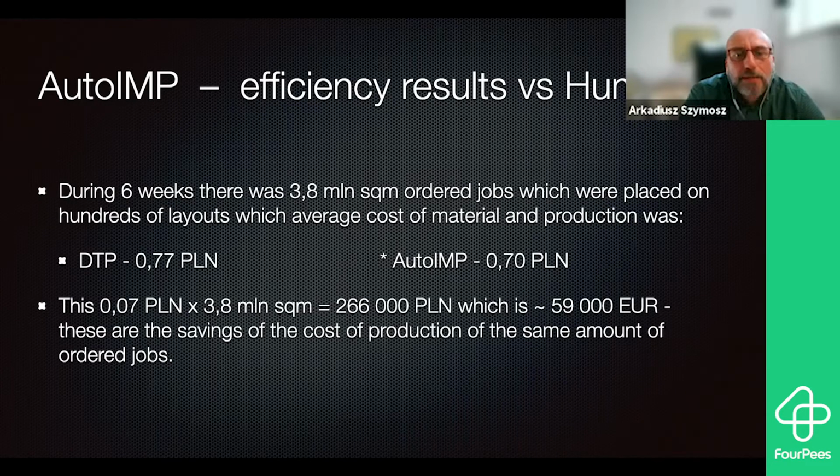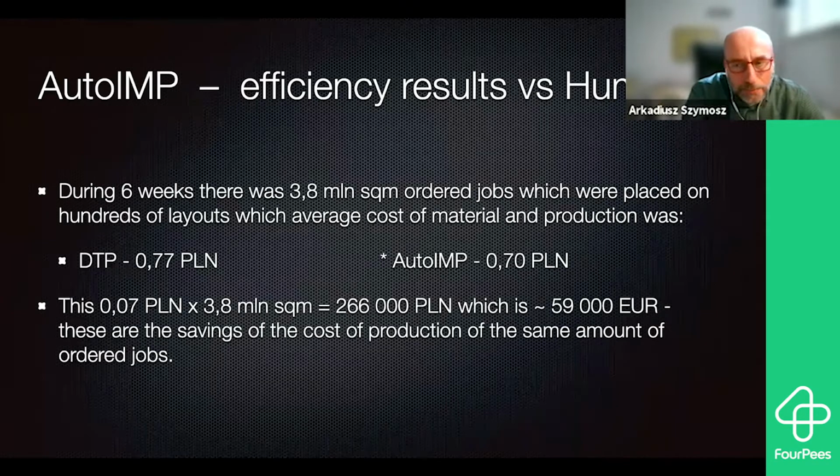When we multiply that 0.07 by the cost and the square meters, you get about 59,000 euro better planning than the DTP department did. So when the customer saw the results, they decided to go with the AutoIMP solution, and we are now finishing the whole production system, and it will be completely automated.